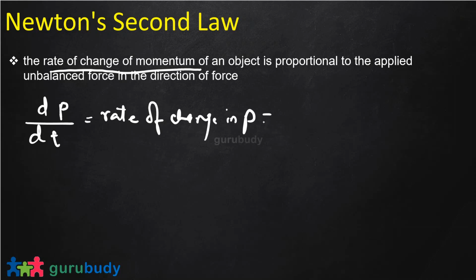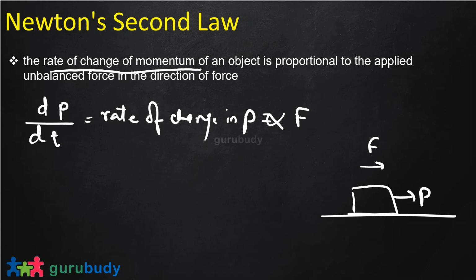P is momentum here, is proportional to the applied unbalanced force. So let's say this box is moving with some momentum p. Now we are applying some force F. So the rate of change of momentum dp by dt is equal to F.